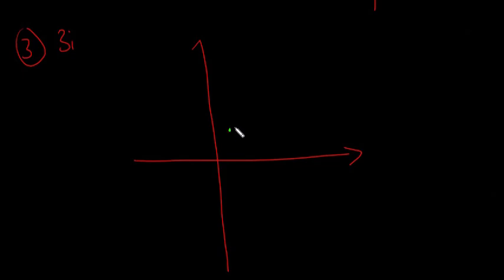Now if we multiply it by 3i, it's going to go to about here. Then by 3i again, it's going to go to about here, and then by 3i again about here, and the last time, actually, it's going to go more to about there.